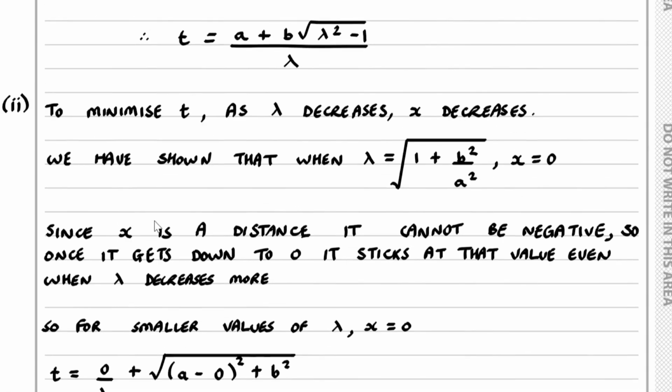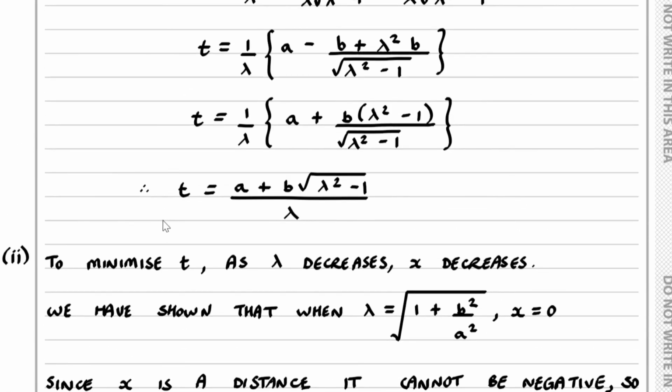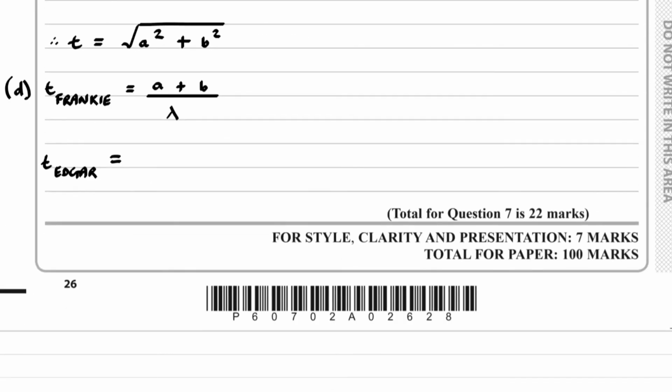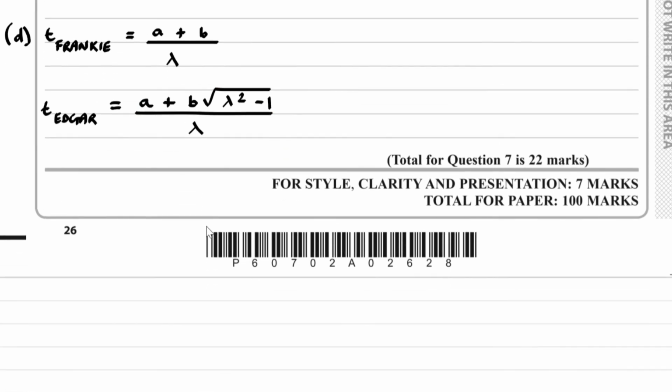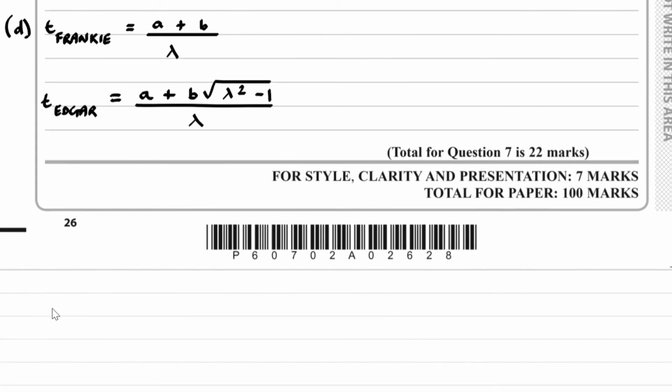that's equal to, well, we've just found this out to be this over here. The time for Edgar is A plus B multiplied by the square root of lambda squared minus 1 over lambda. And what we know in this question is the time for Frankie is less than the time for Edgar.